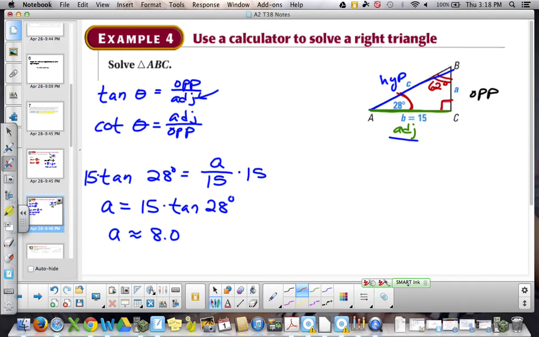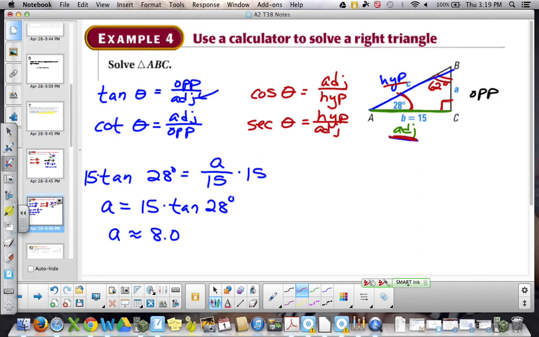Now to find side C, that is the hypotenuse, and we know the adjacent side. So the two that use adjacent and hypotenuse would be the cosine. So the cosine of theta is adjacent over hypotenuse. And then the secant would be the hypotenuse over the adjacent.